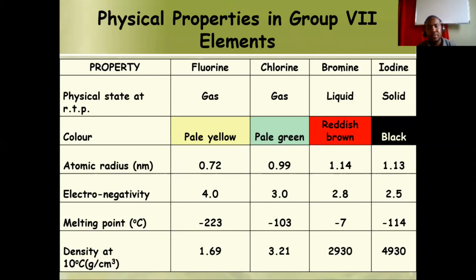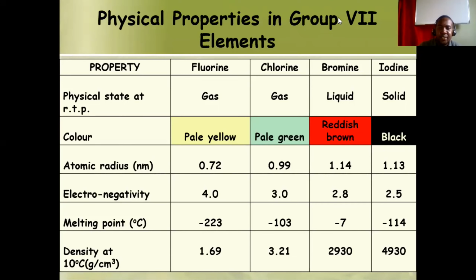Their melting point, right? Between fluorine and chlorine, is that a drop in melting point or a rise in melting point? Between fluorine and chlorine, is that an increase in melting point or a decrease?